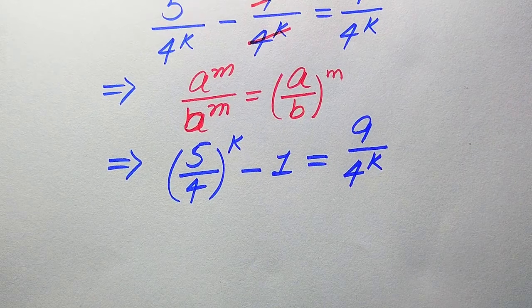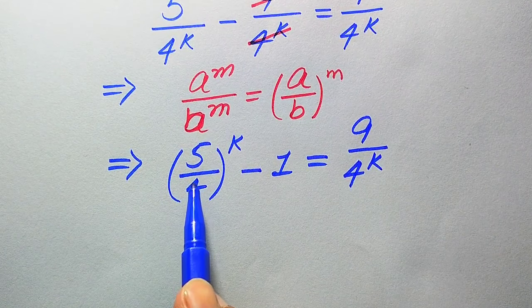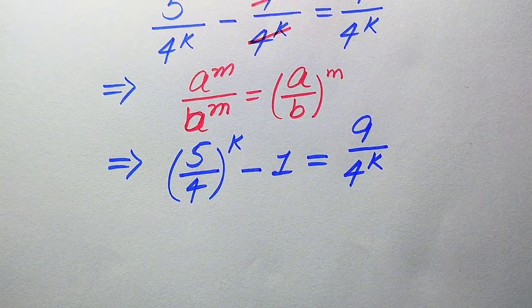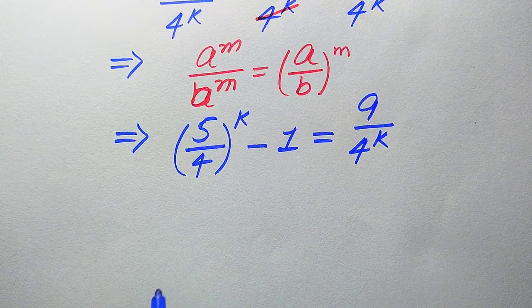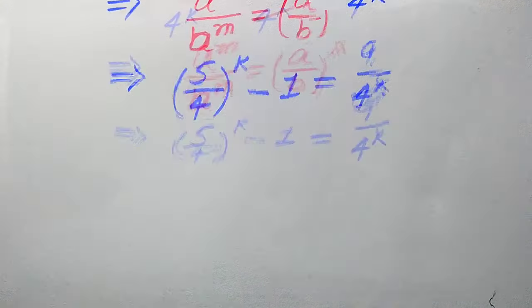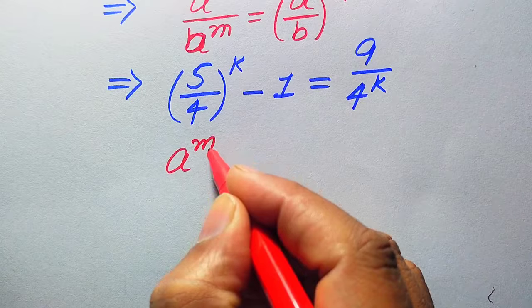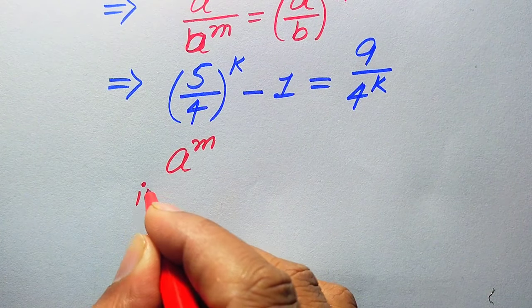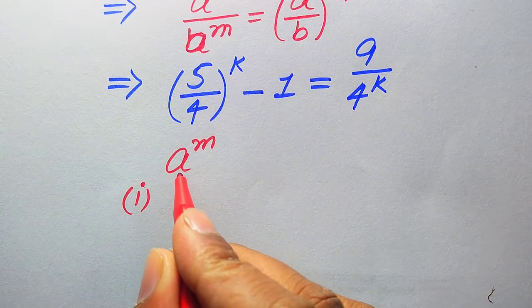First, in order to move forward, I can explain a nice rule which we can use to solve this problem. If we have a number a to the power of m, there are two cases based on the base.